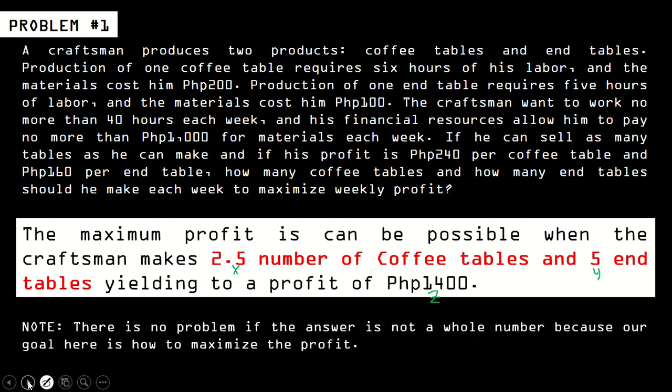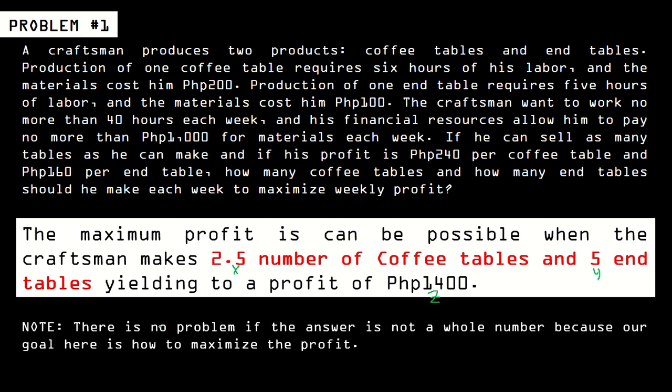Take note that we are after the real life solution for this. There's no problem if our answer is not a whole number. It's fine that we have 2.5 as the quantity of coffee tables, as long as it is not negative, because our goal here is to maximize the profit.